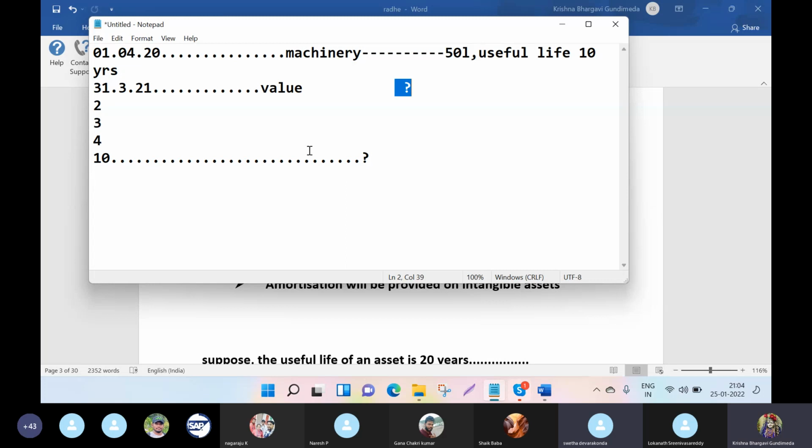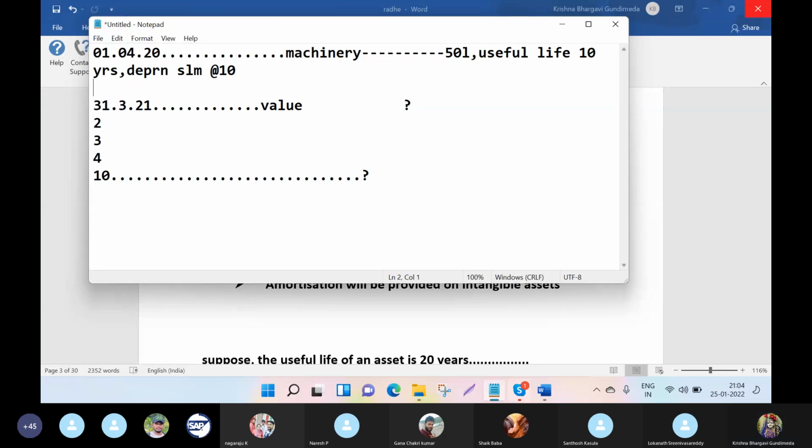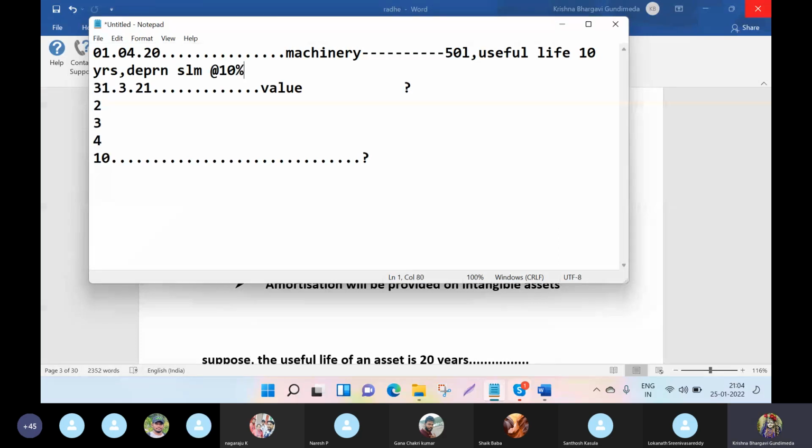Here, suppose we are following a method of depreciation, either the SLM method or the WDV method, and calculating the depreciation. Suppose 50 lakhs is the value at the beginning, and we provide depreciation at the rate of 10% per annum. At the end of the first year, the value of the asset becomes 45 lakhs.